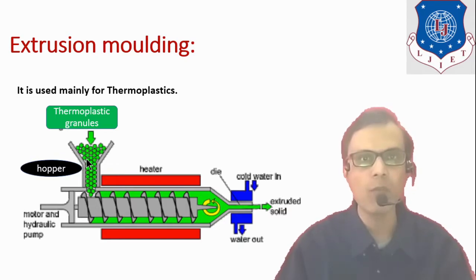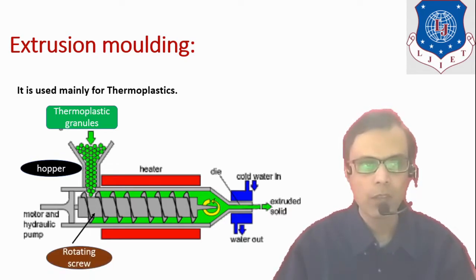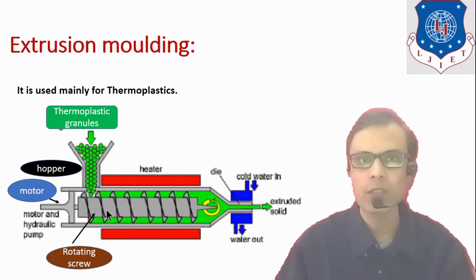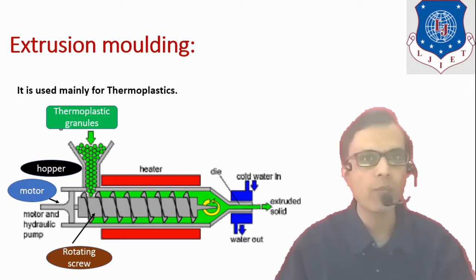It is in the form of granules. Now these granules are supplied to this chamber in which there is one rotating screw. This screw is continuously given rotary motion with the help of an electrical motor drive. It is coupled with this screw and by that means it is provided rotary motion.